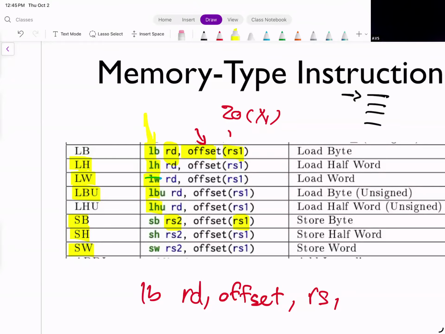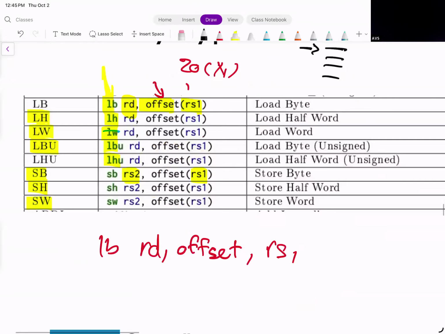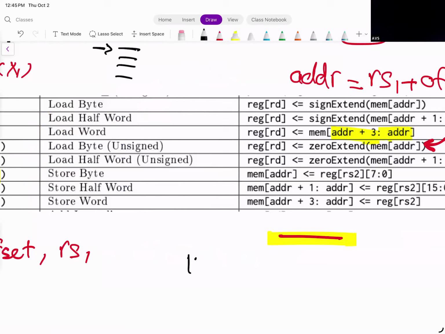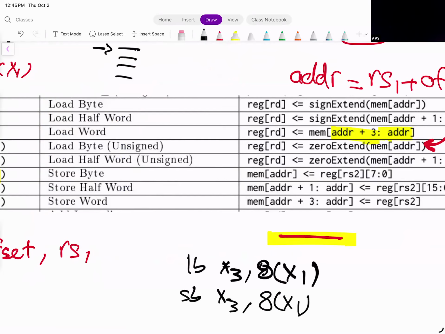And be very careful, because when I show you an instruction like SB, let me give you an example. Let's say I have load B x3, 8 x1, and then I have SB x3, 8 x1. So it looks exactly the same.